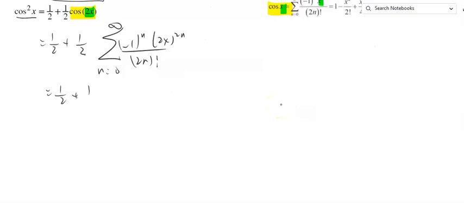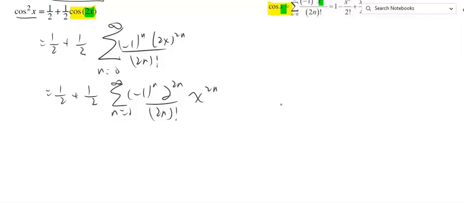And then cleaning that up and seeing how that plays. That is 1/2 plus 1/2 the series n equals 0 to infinity, negative 1 to the n, 2 to the 2n over 2n factorial, x to the 2n. That's a fine answer.